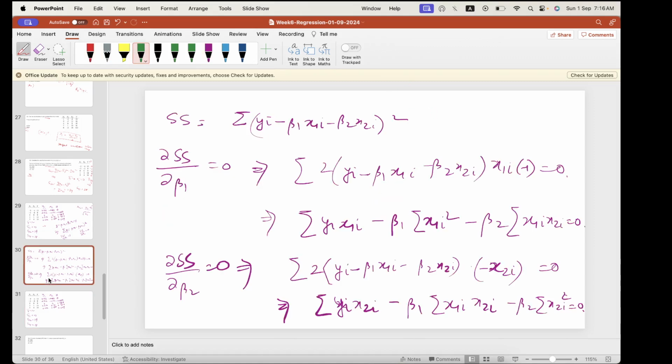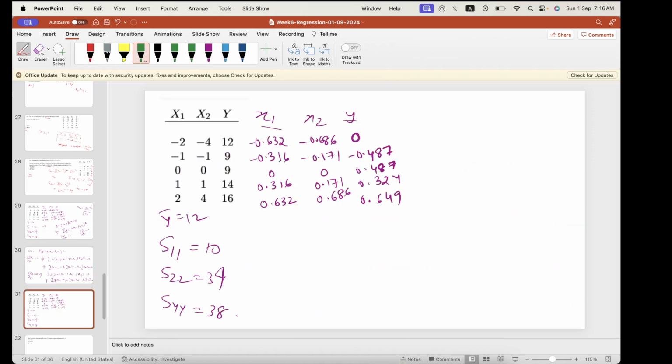We need yi x1i, yi x2i, x1i square and x1i x2i. Okay, so let us just find out. This is x1, x2, this is x1y, this is x2y. Anything else we need? Oh, x1 square. So these things we have to find out.